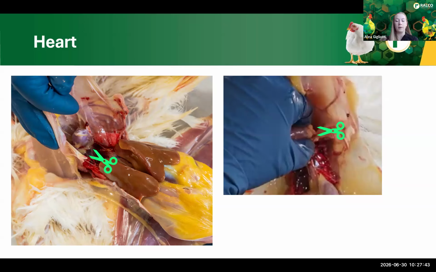So making sure that you're making observations before you start, take your time, because at the end of the day, it's better to go slow and make sure you're getting more information rather than fast and getting less, because again, you might miss something that may not seem like it's important to you, but it might help a veterinarian or a consultant see what's going on. So making sure that you're making those notations before you actually start to cut into these organs or remove them is really important. So starting off with the first organ, it's going to be the heart.